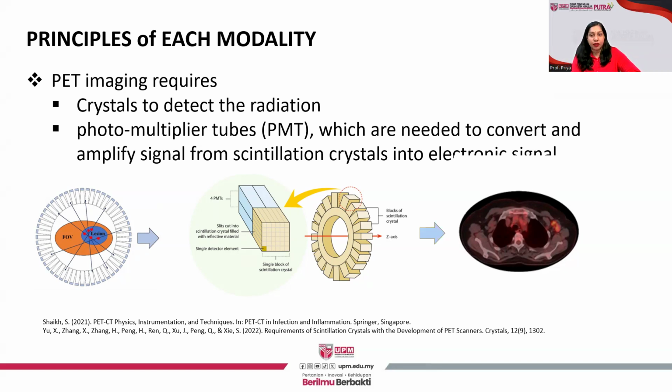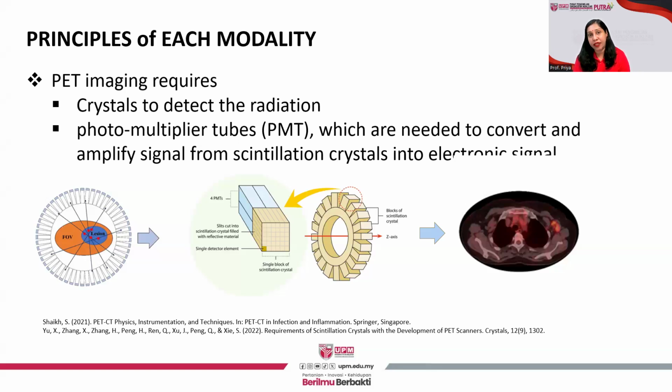The detectors capture the signal emitted from the radioactivity, and the photomultiplier tubes in the scanner change this energy into light and electric signal, which is then processed into the PET image that we see, which can then be superimposed with anatomical imaging.